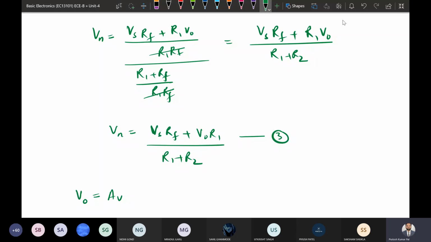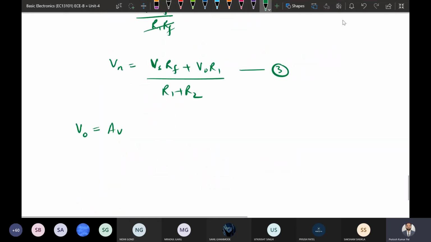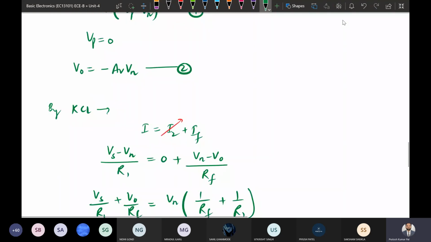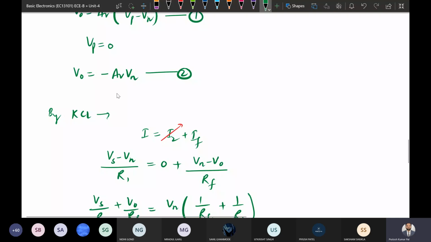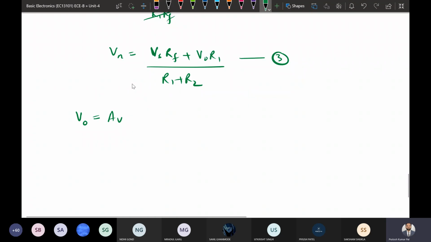Okay, so from equation 1 and 3 we can get the V output. By putting the value of Vn from equation 3, we will be getting V0 equals minus AV multiplied by Vn. So here AV, and then we have the negative, and then Vs Rf minus V0 R1 divided by R1 plus R2.